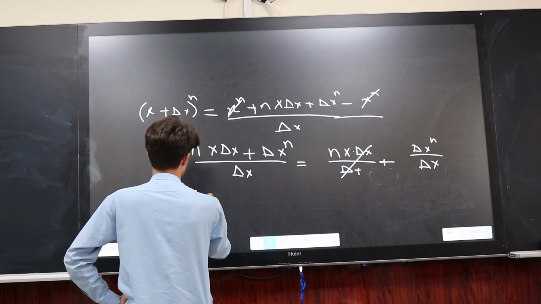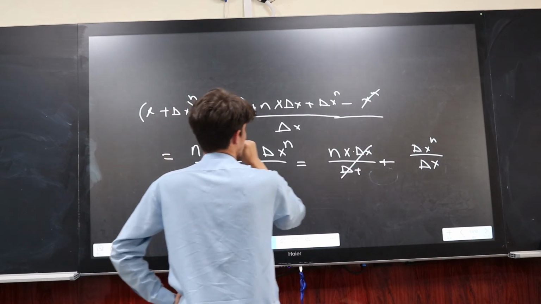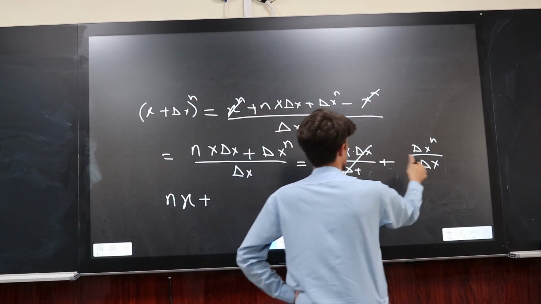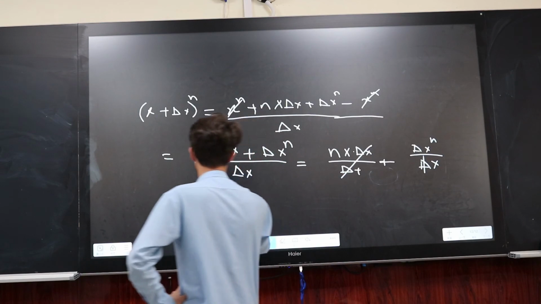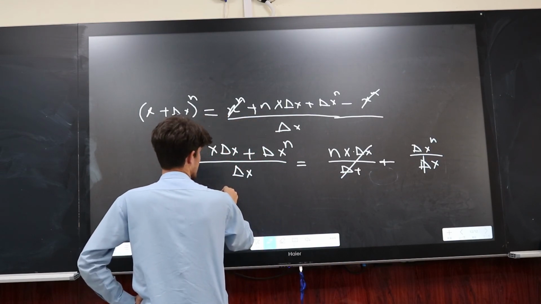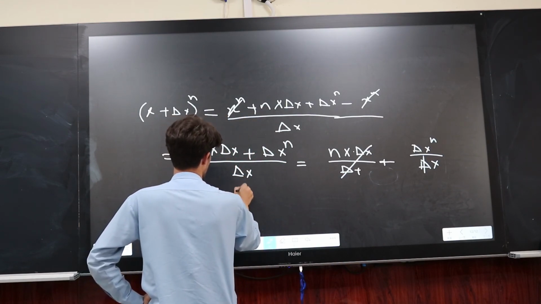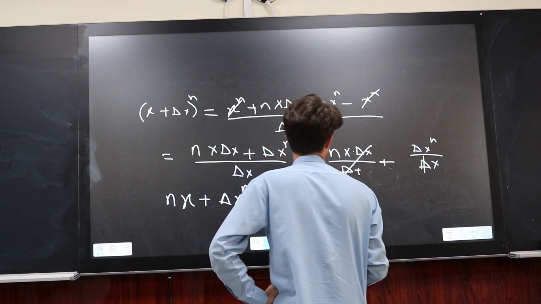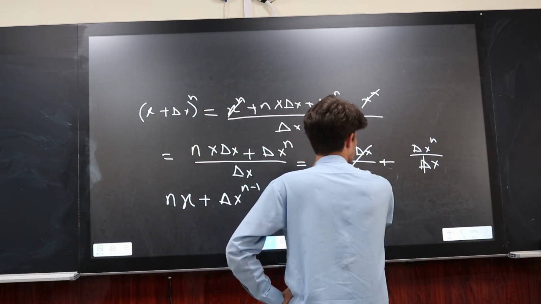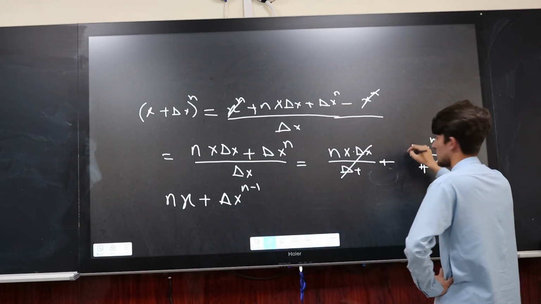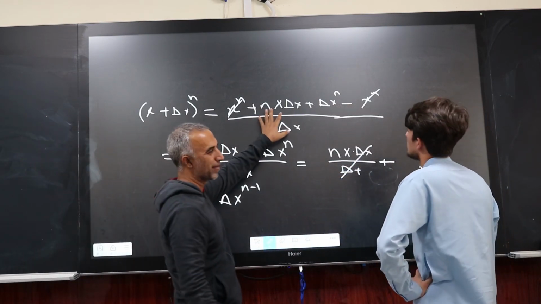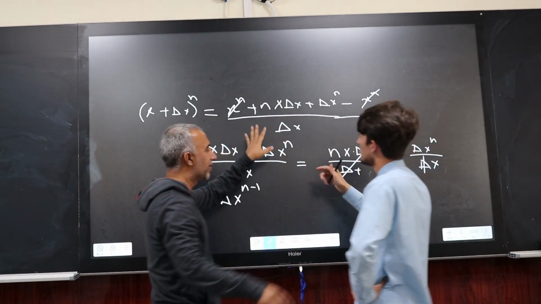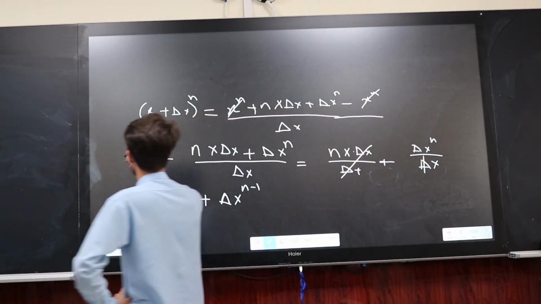nx plus delta x to the power of n minus 1. No, from where do you get this x and minus? There is actually something wrong at this moment. You need to study.